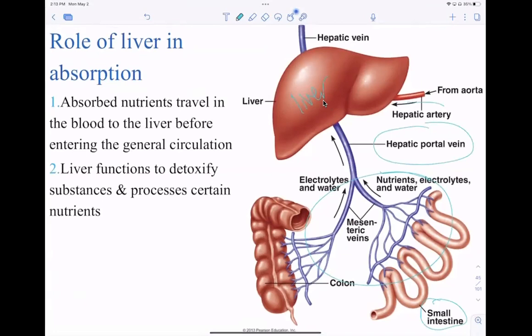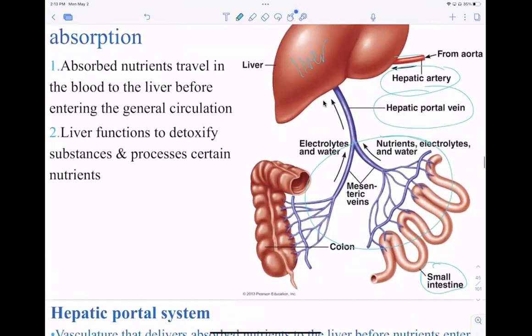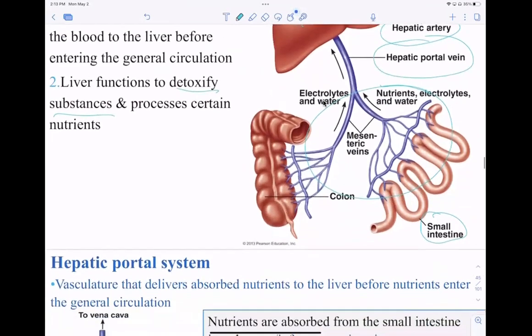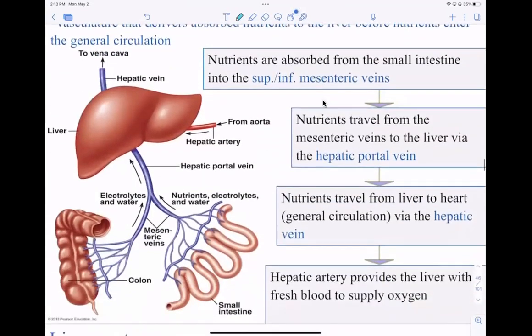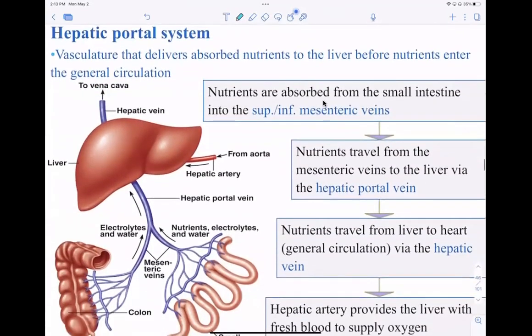And so you have the hepatic artery coming in, but you have the hepatic portal vein going in. And so the liver is said to detoxify substances and process certain nutrients and store minerals and help with a lot of different metabolic functions. It stores carbohydrates and makes lipids or lipoproteins.